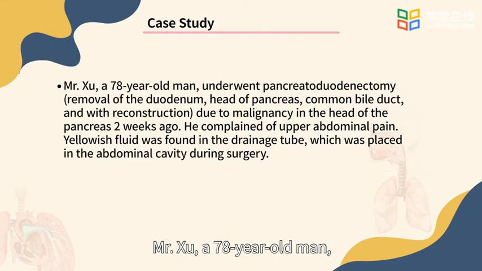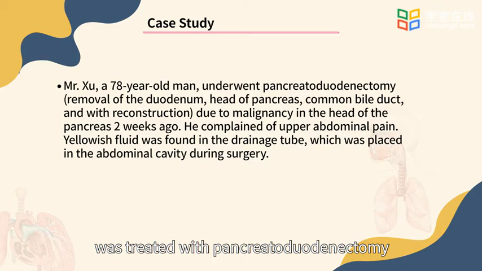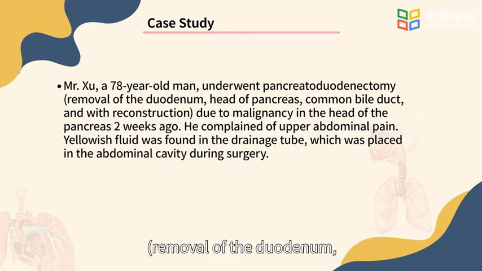Mr. Xu, a 78-year-old man, was treated with pancreatoduodenectomy, in which there was a removal of the duodenum, the head of the pancreas, and common bile ducts, with reconstruction, due to a malignancy in the head of the pancreas 2 weeks ago.